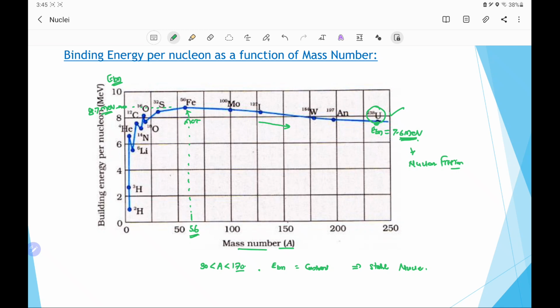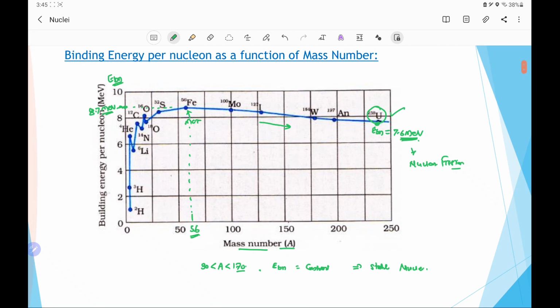more stable. Similarly, the lighter nuclei, for example hydrogen or helium, also have lesser binding energy per nucleon, and they undergo a process called nuclear fusion, in which two or more nuclei get fused together and their mass number increases, and therefore their binding energy per nucleon increases, so their nuclei become more stable.